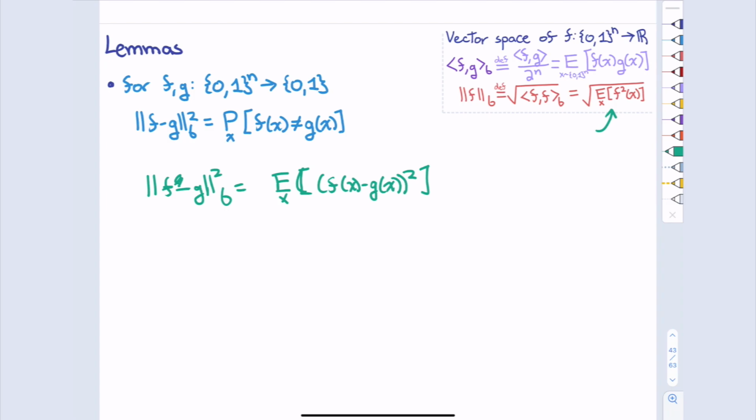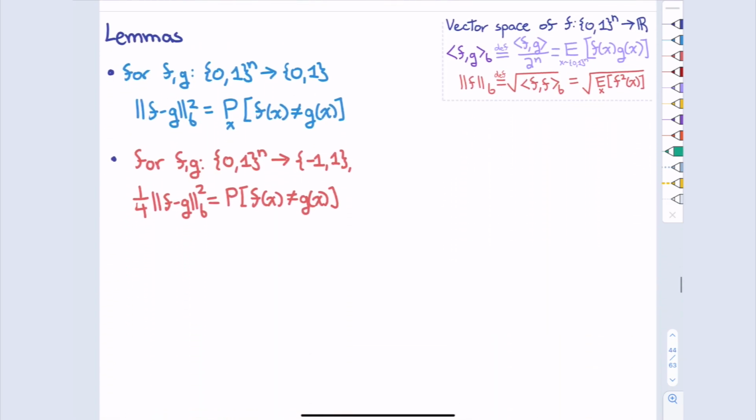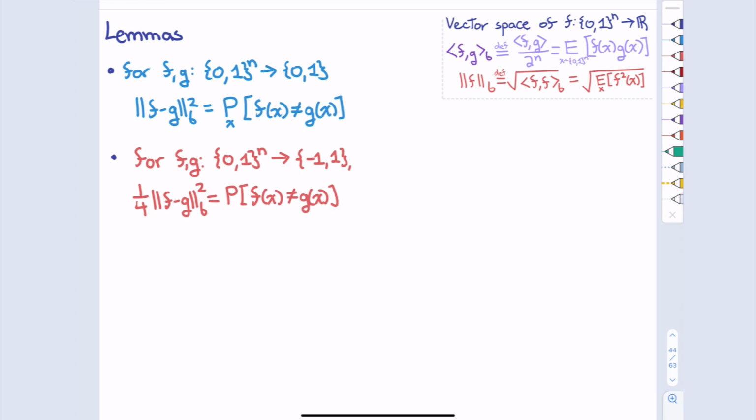If they're equal, that will be 0 inside. If they're unequal, it'll be 1 inside. So what are the odds they're unequal? By the same calculations, if they're instead functions to -1 and 1 instead of 0 and 1, all that's different is that when they're unequal, the difference is 2. 2 squared is 4, so you get the same thing up to a factor of 4.